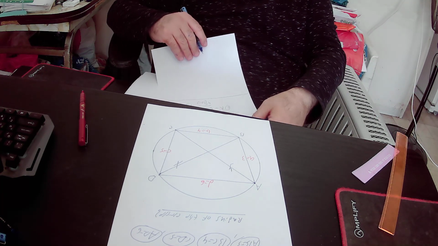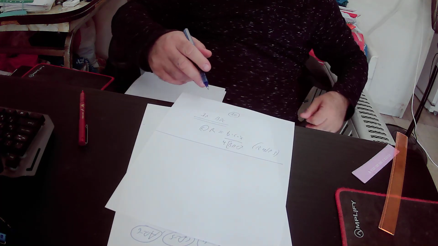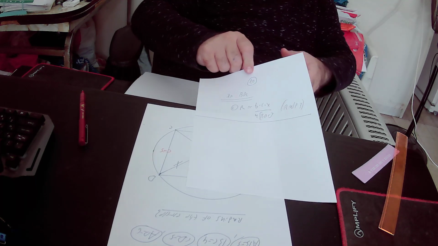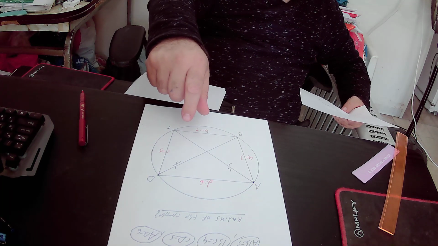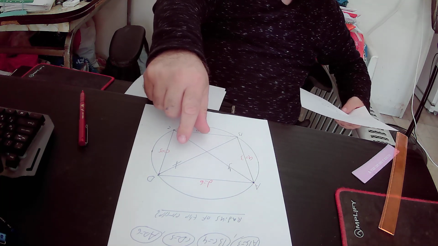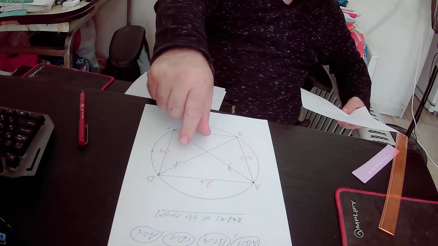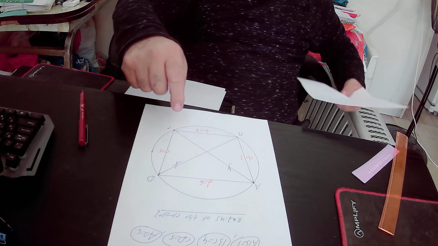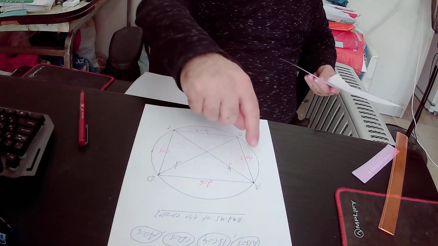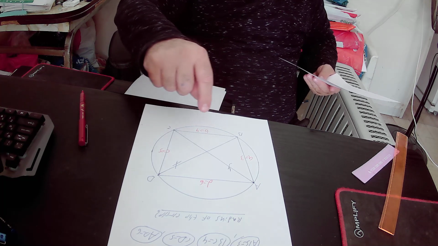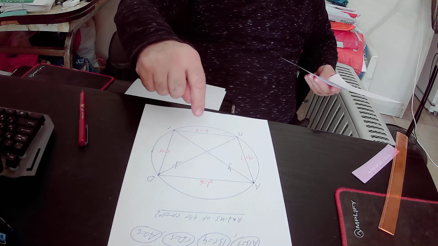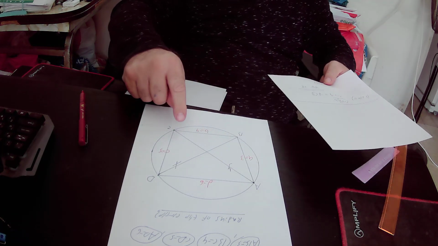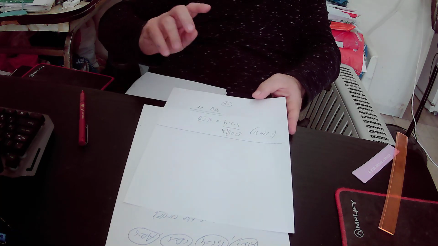So this equation number 6 is the implementation of rule number 3. When we focus on triangle BDC, we know it is inscribed in this circle, so the radius equals B times C times X over 4 times the area of triangle BDC.